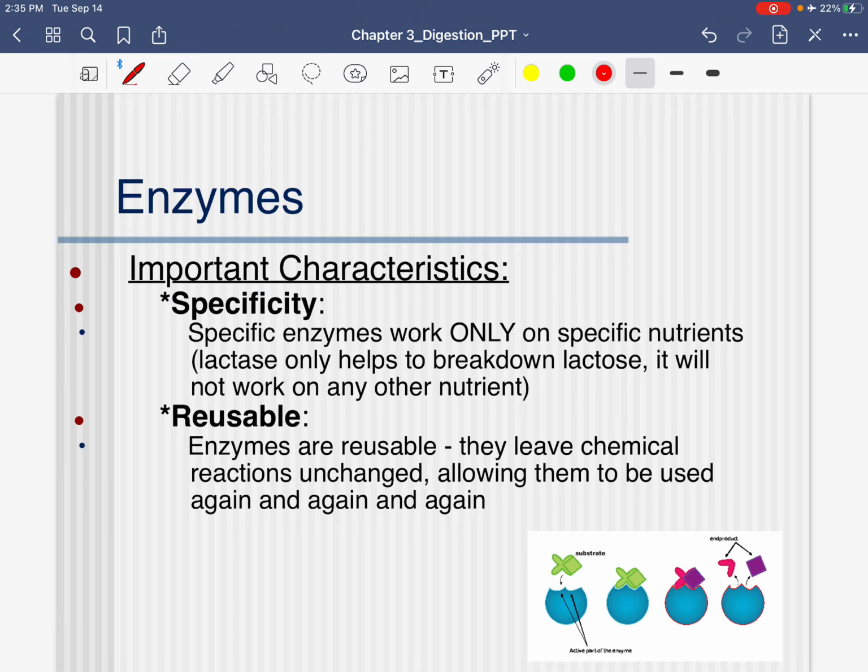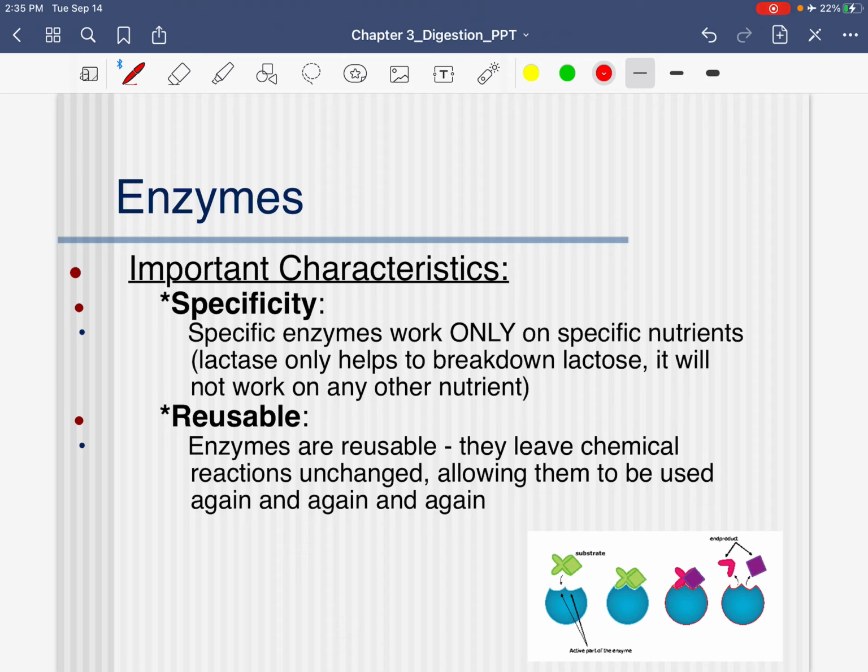Some characteristics of these enzymes. They're pretty important little creatures. First of all, enzymes are specific. Each enzyme can only work on a specific, what we call substrate. For example, lipase is only an enzyme that can help speed up chemical reactions with fat.